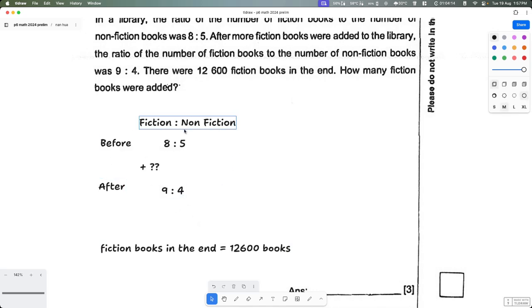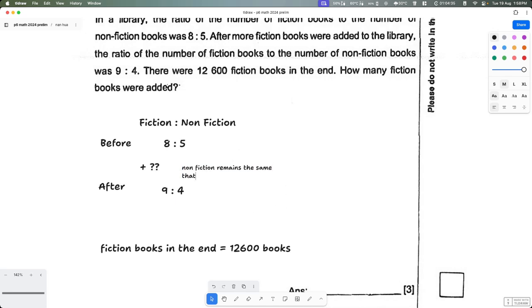So one thing is that non-fiction remains the same in this case, right? So that means we can make our non-fiction ratio the same.